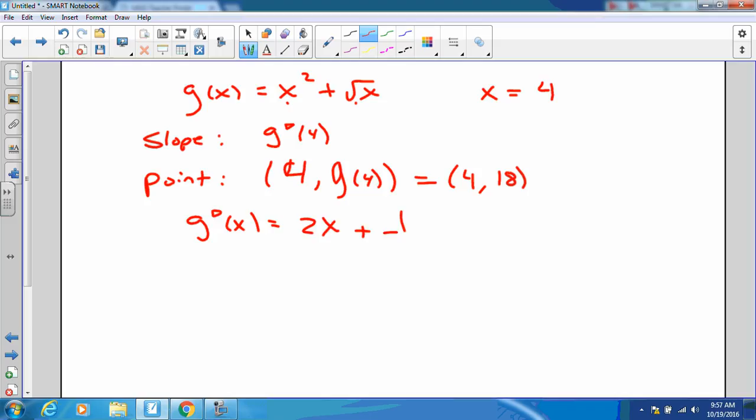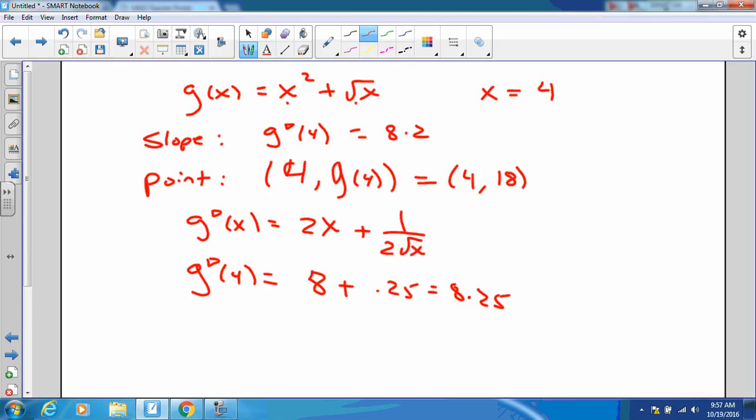Oh, sorry, 2x plus 1 over 2 root x. Okay, good. Then g prime of 4 equals 2 times 4, which is 8, plus 1/2 over 2, which is 0.25, and I get 8.25 also. So we agree now on our numbers. And so we should get y minus 18 equals 8.25 times x minus 4. Okay. That's what I get.